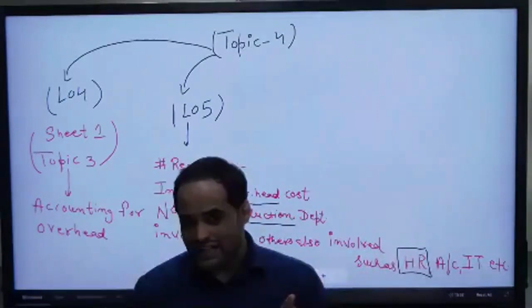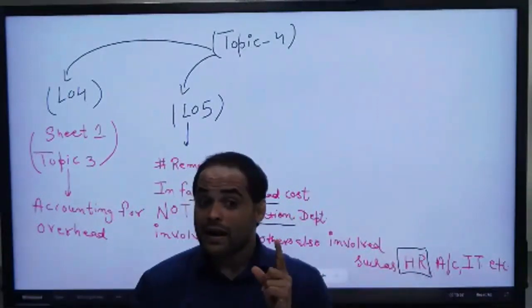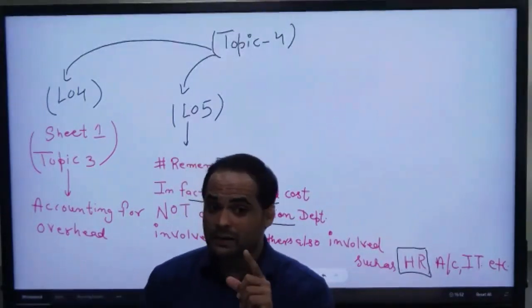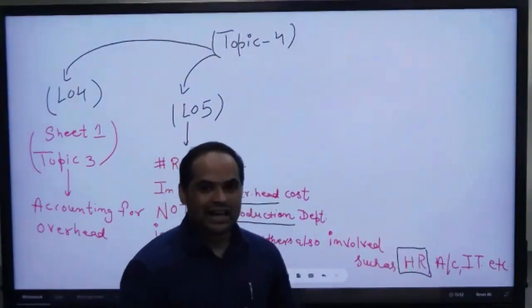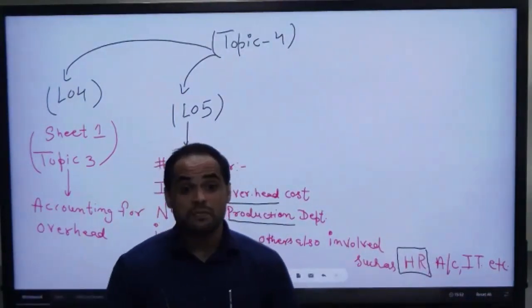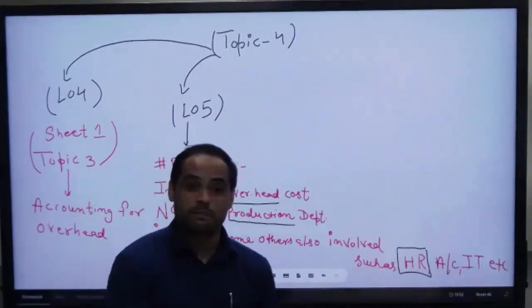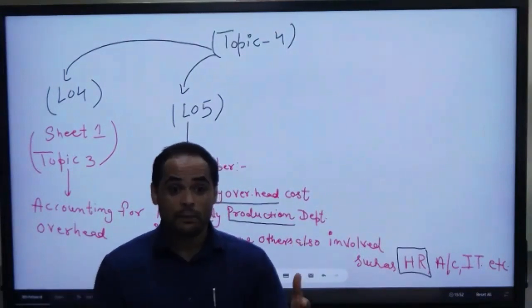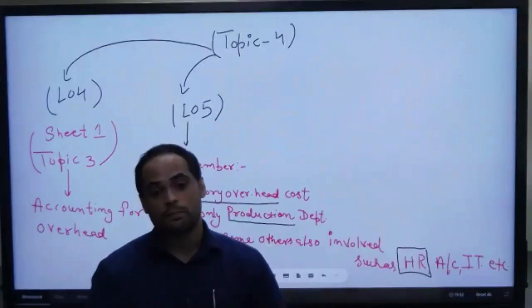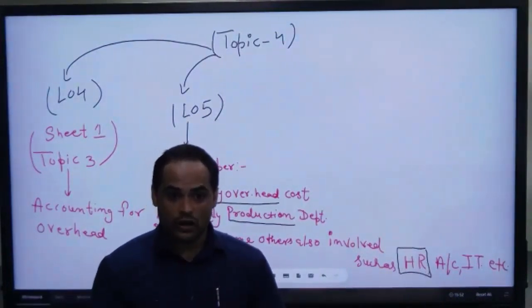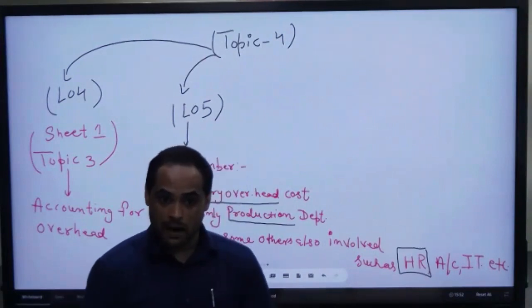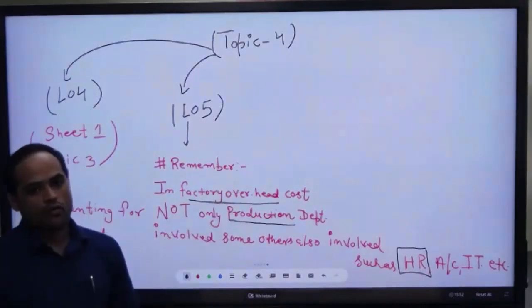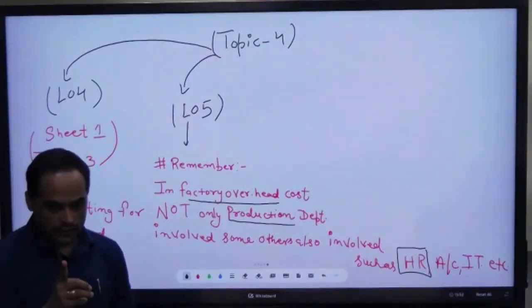All these kinds of activity belong to the production department. But there is one more department involved besides the production department. That department was the accounts department. So the accounts department provides services to the production department, but is not directly involved in production. The accounts department is indirectly involved in production. So if the accounts department is providing services to the production department, that cost will be considered as factory overheads. All right, so remember.